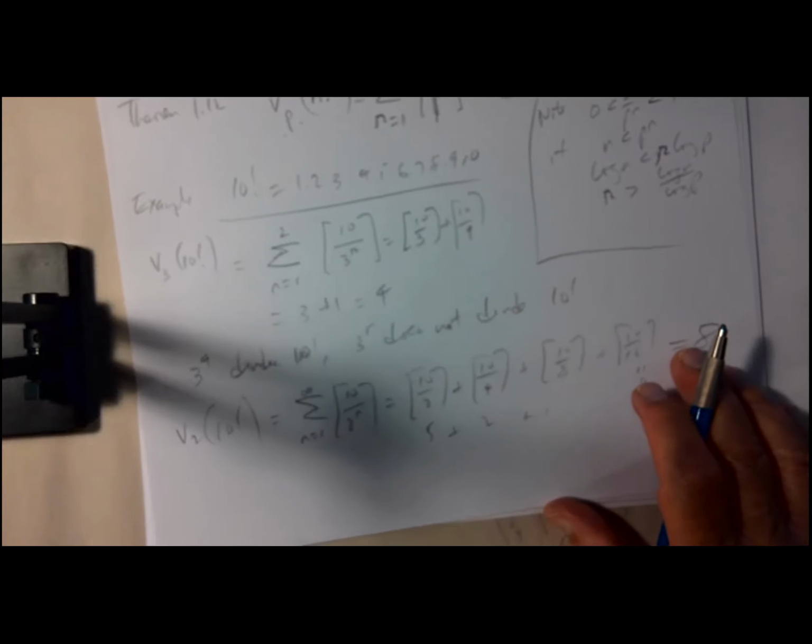We get 8, which is just what I calculated a moment ago. So for a small number like 10 factorial, that's what it is.